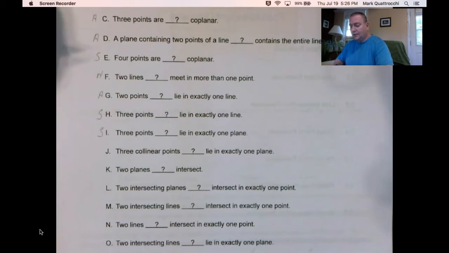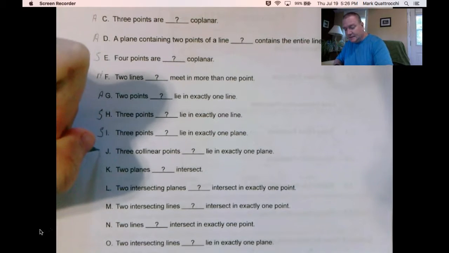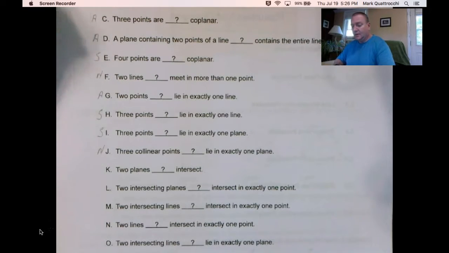J. 3 collinear points always, sometimes, or never lie in exactly one plane. This is never because 3 collinear points always lie in an infinite number of planes. Okay.